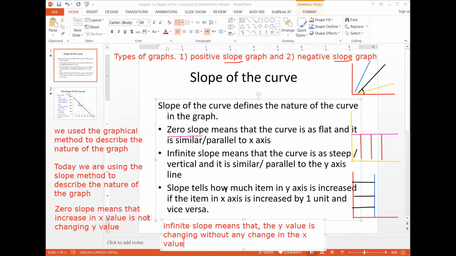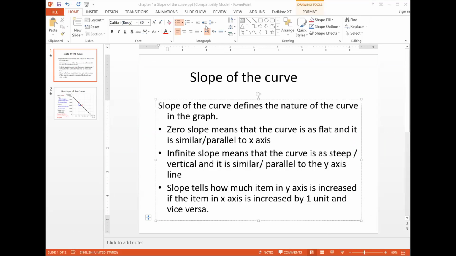Slope tells us how much an item on the x-axis is increased if an item on the y-axis is increased by 1 unit, or vice versa. So this is the discussion regarding the topic of slope. The point is, what is the interpretative definition of slope? If we want to interpret the number, the definition will explain how to interpret.